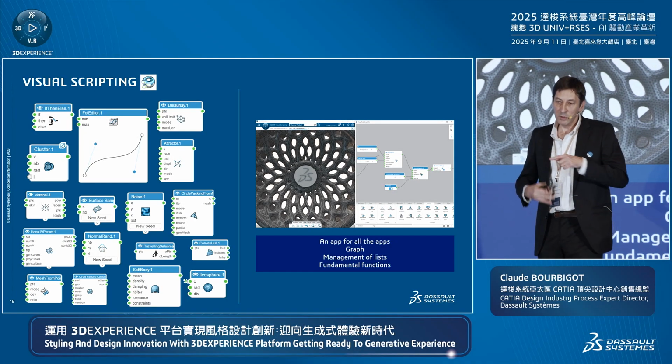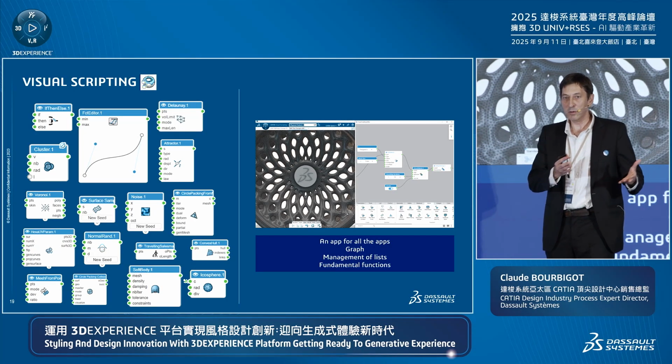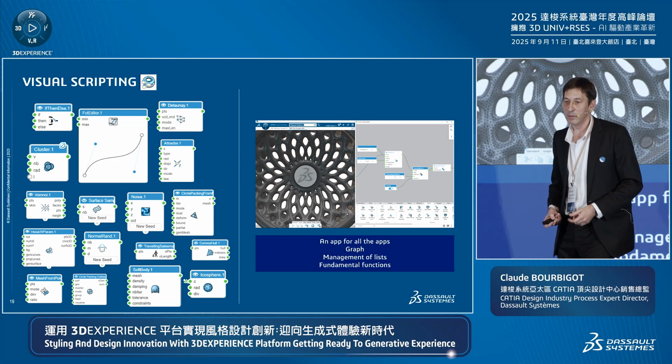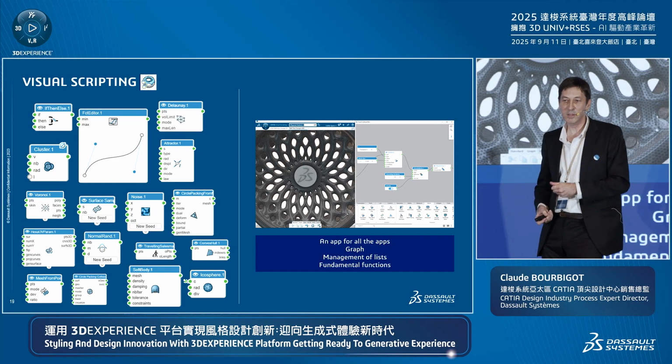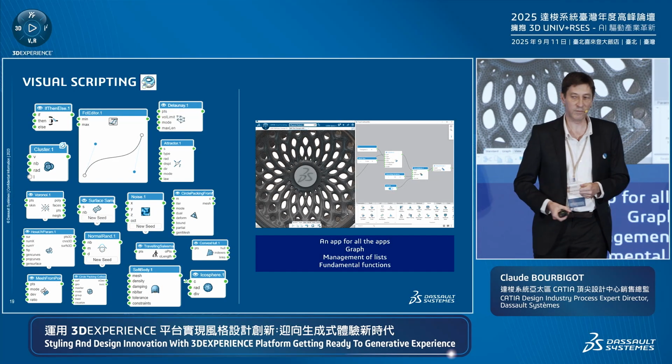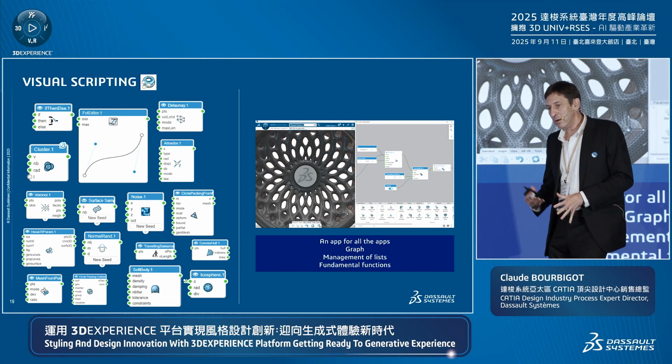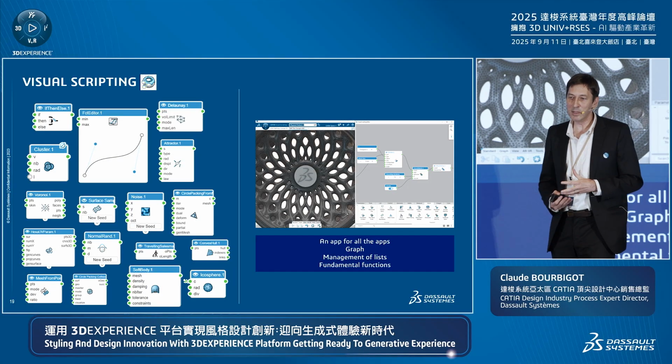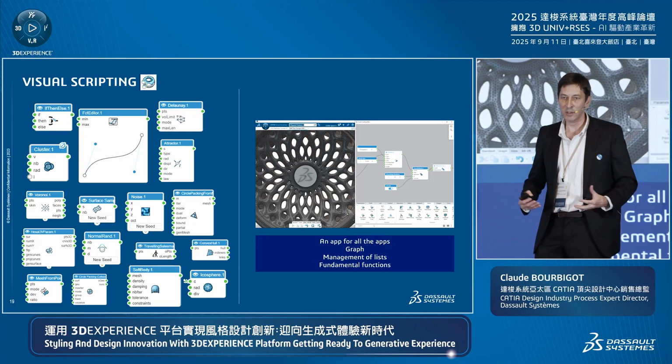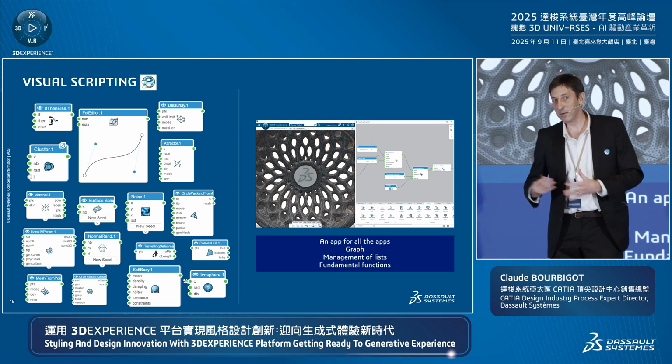So we make it smart, and people can use GSD, they can use Knowledgeware, but it is not so easy because you require a lot of coding. So now with visual scripting, we make it all accessible to 3D users. No worry, because it's graph-based.